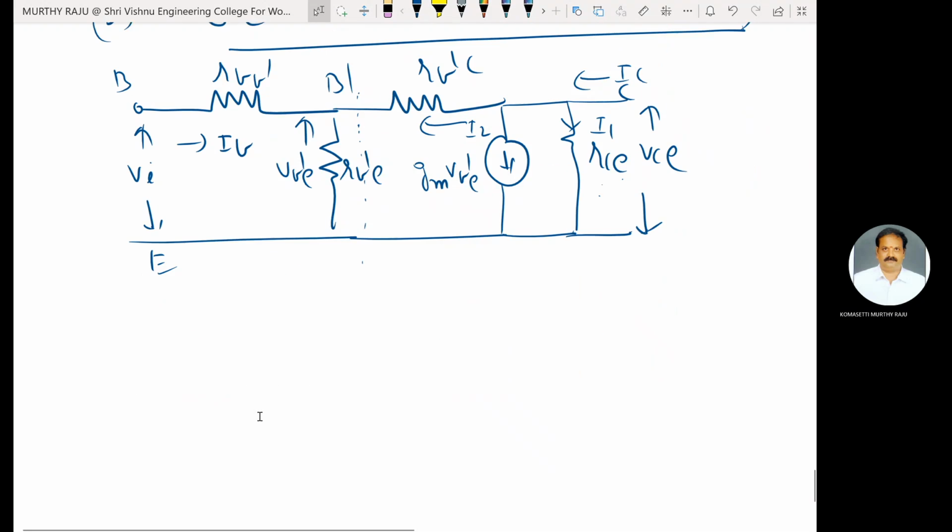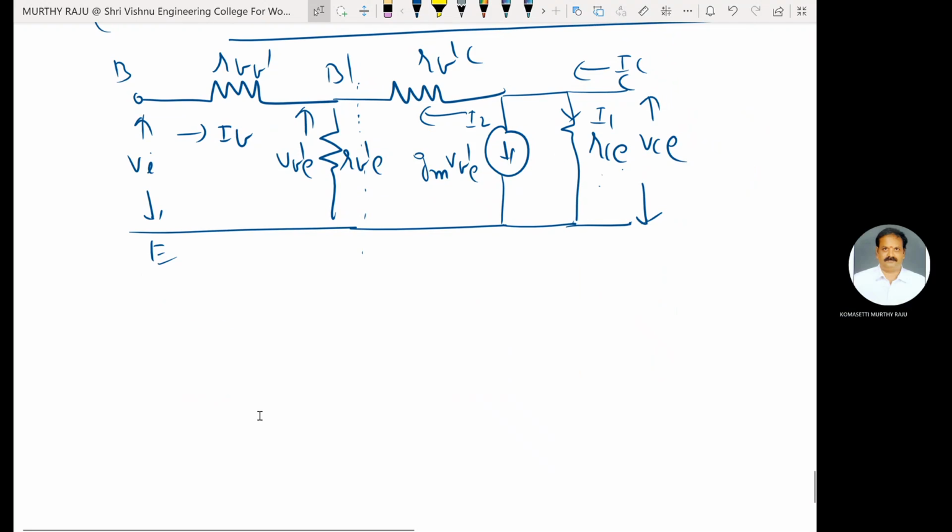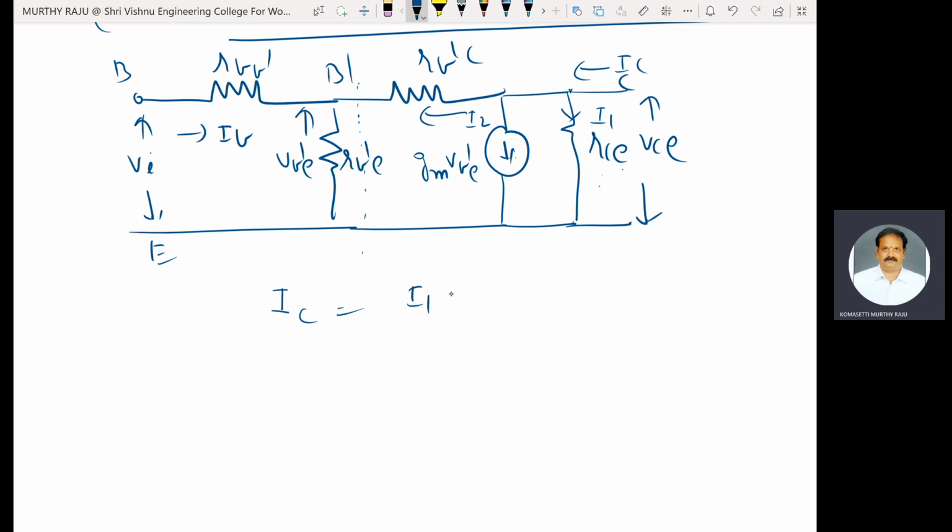Therefore, IC is equal to the current entering the node: I1 plus GM VB'E plus I2.